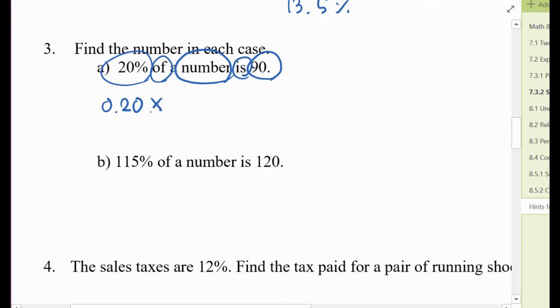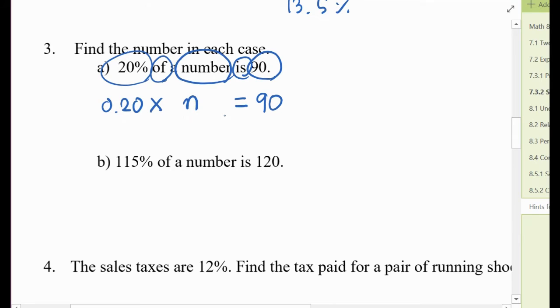Of is multiplication. So when you see a number, we're going to let that be n. Is equal sign 90. Okay, so you change every single word into mathematical word. So 0.20 times n equals 90.